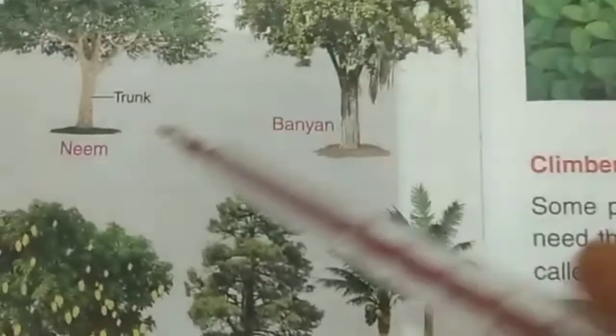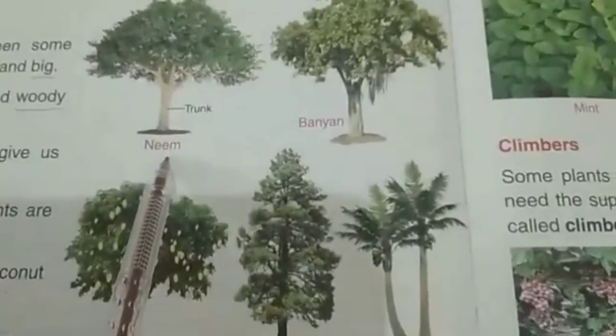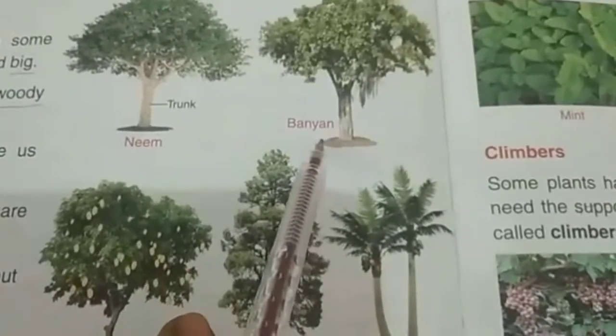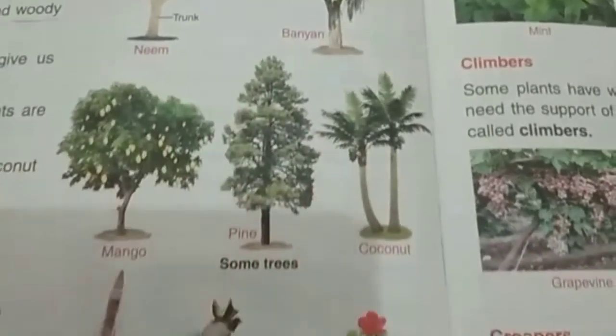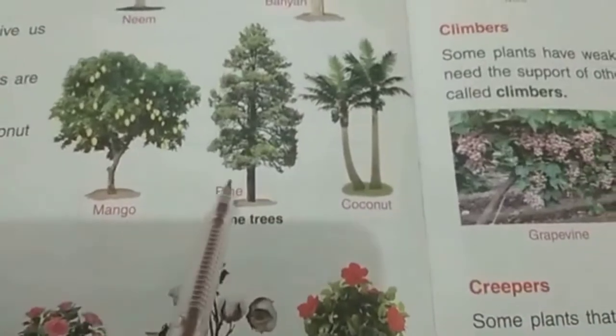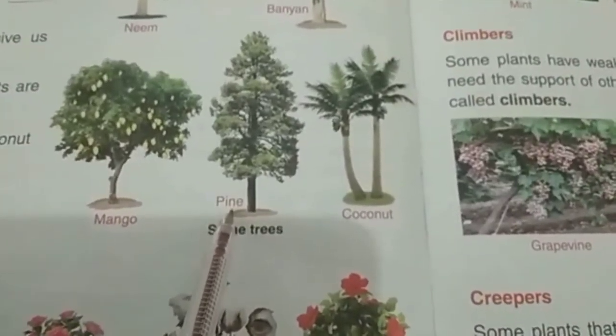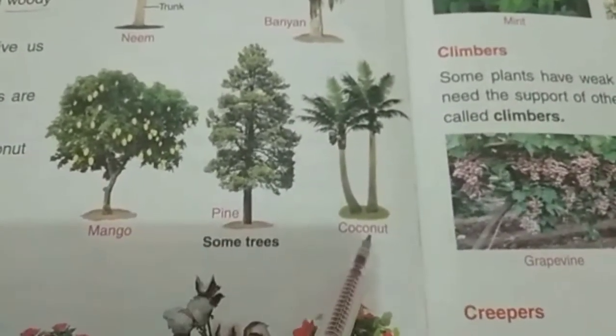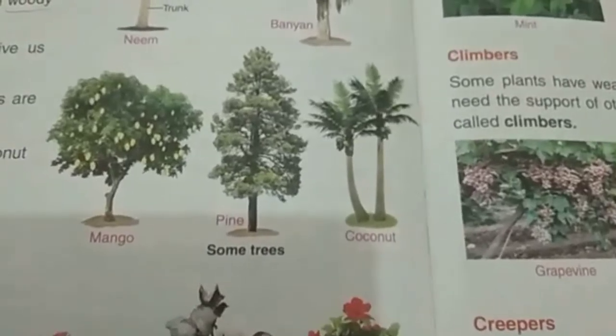For example, neem tree, banyan tree, mango tree. The tall and thin trees are pine and coconut.